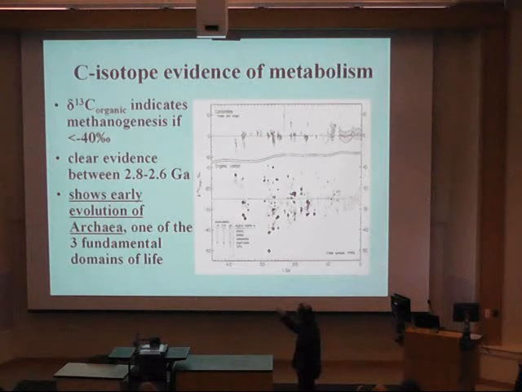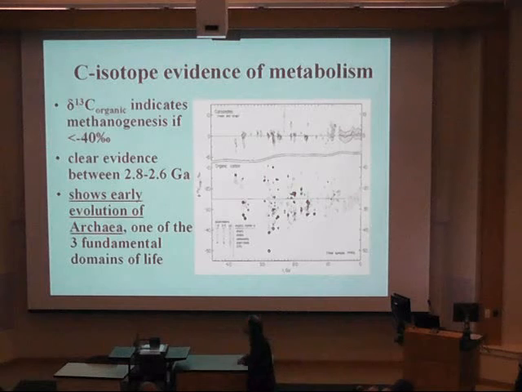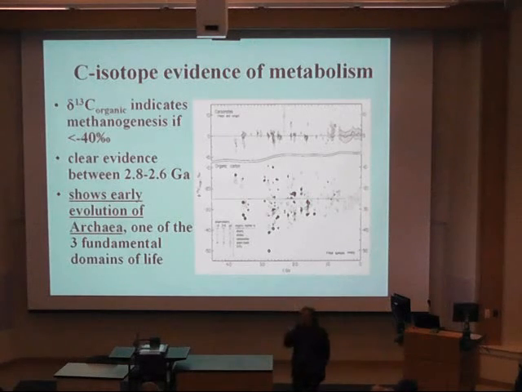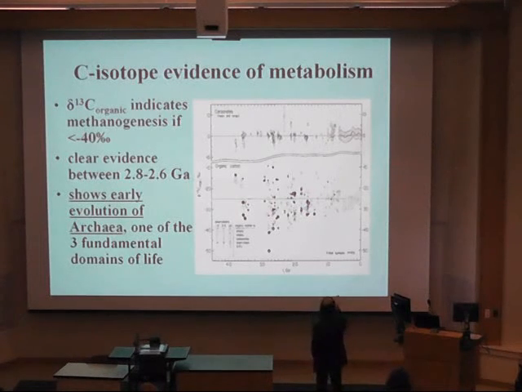And methanogenesis imparts a really, really big fractionation in favour of the light isotope of carbon. Something greater than 40 parts per thousand enriched in the light isotope of carbon.